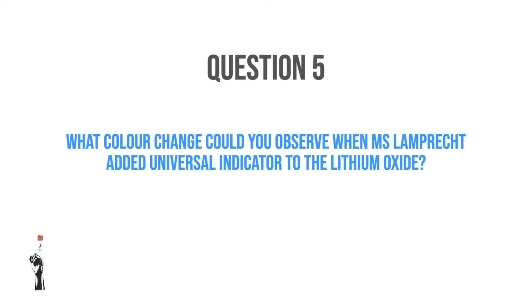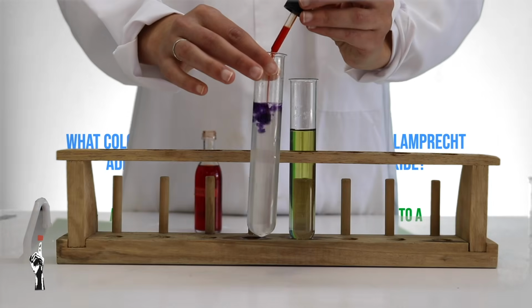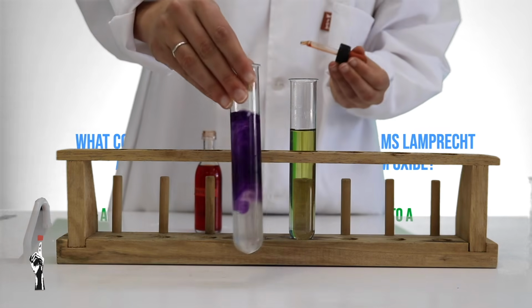Was there a color change after adding the universal indicator to the lithium oxide, and what color change did you observe? The solution changed from a cloudy white to a very vibrant and deep purple hue.